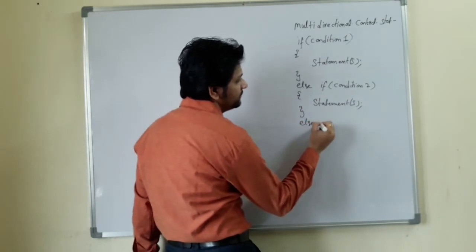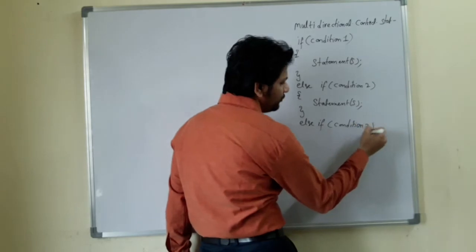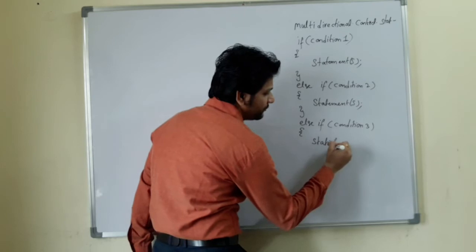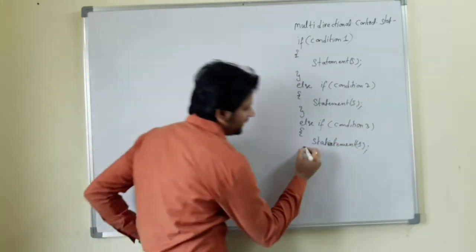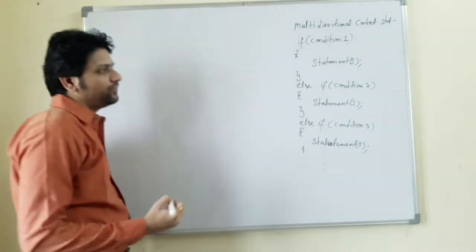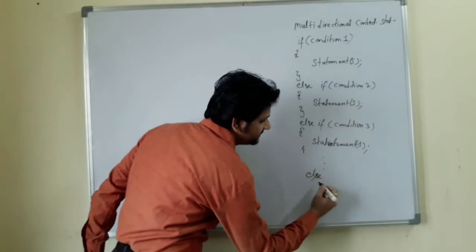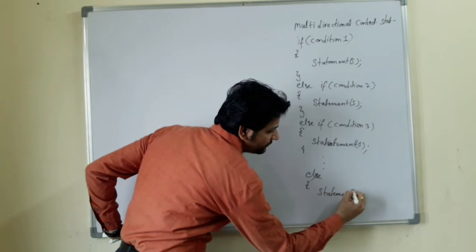Else if condition 3, and so on. You can write any number of statements. Like this, n number of else if conditions will be there, and finally else, set of statements.